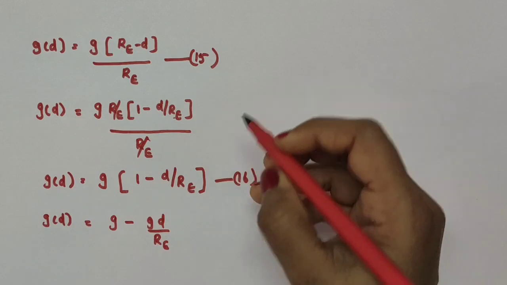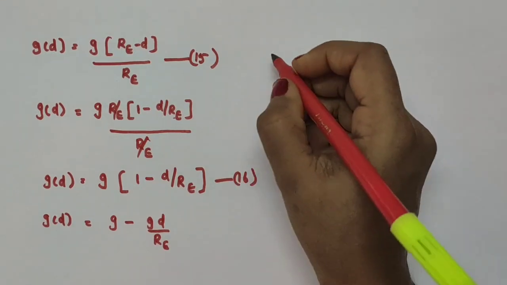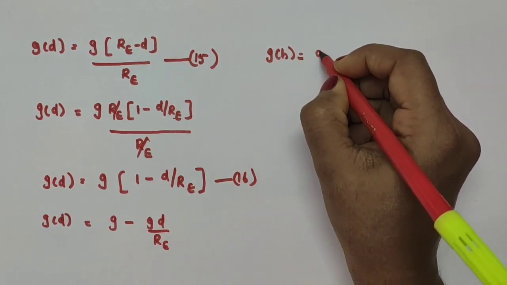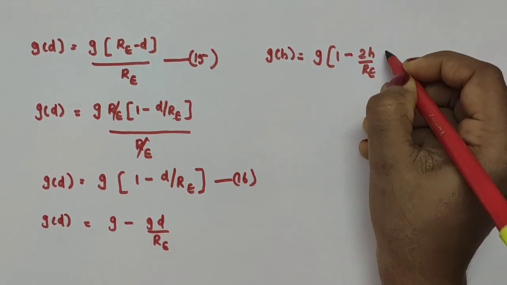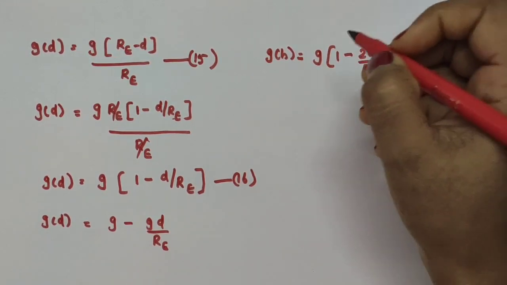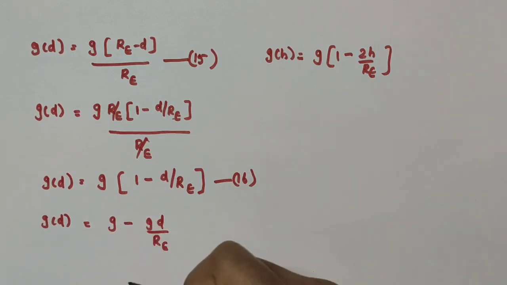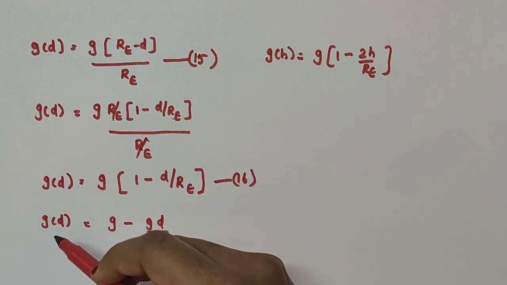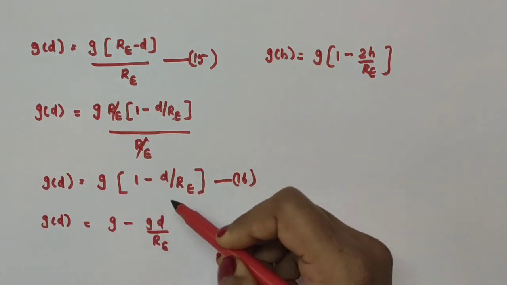When we discussed the acceleration due to gravity at a height h above the surface of the earth, we got the expression g of h is equal to g into 1 minus 2h by Re. This was also less than the value of g. That is, as we go below the earth's surface, the acceleration due to gravity decreases by a factor 1 minus d by Re.